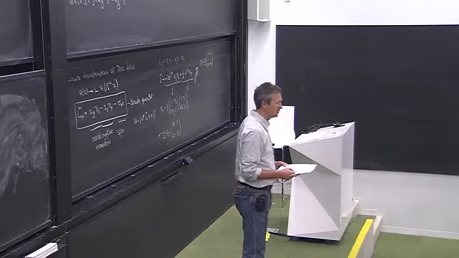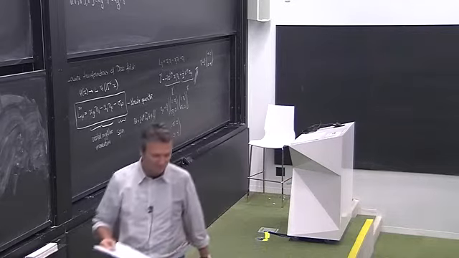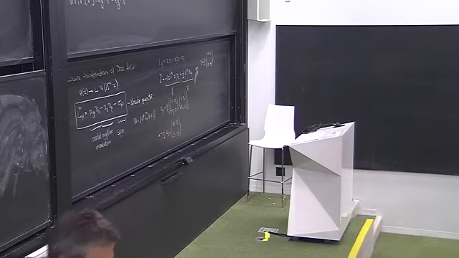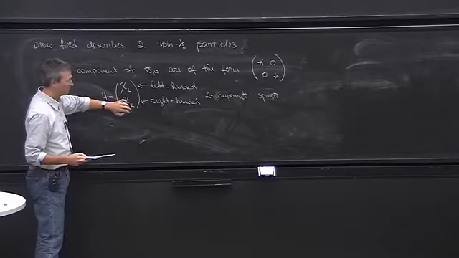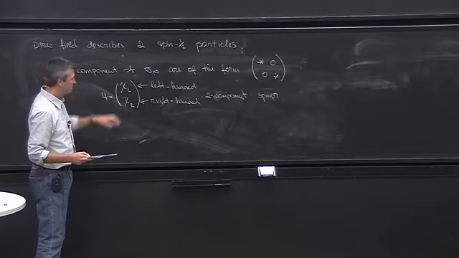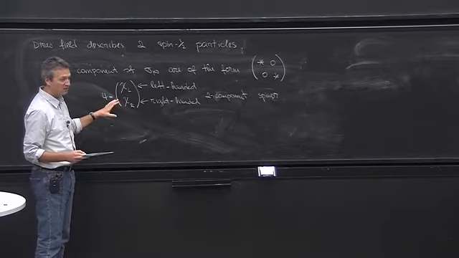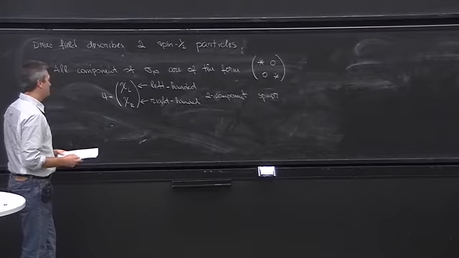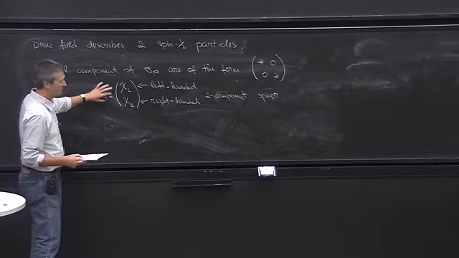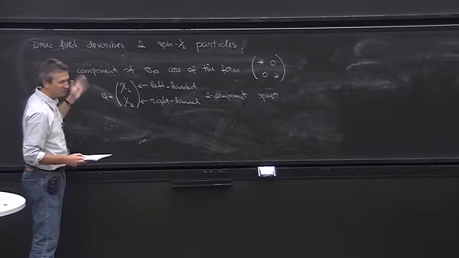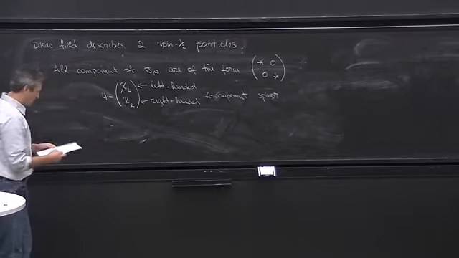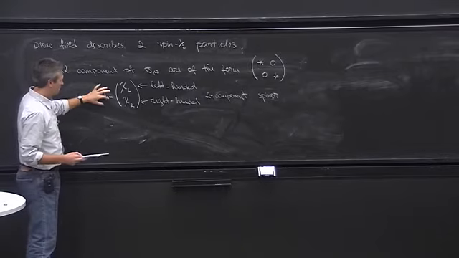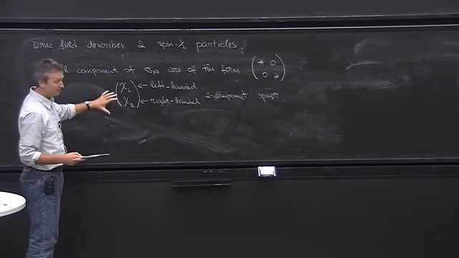Yes. All right. So the question is, can we formulate the theory just in terms of these two-component objects? And the answer is actually yes. But there are reasons why four-component spinors are more ubiquitous. So we'll return to that when we discuss fermions without mass.